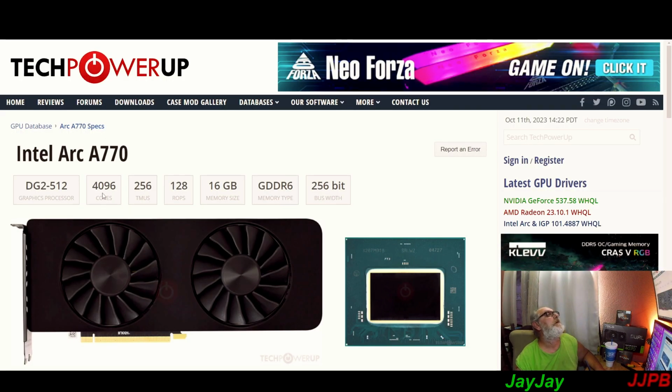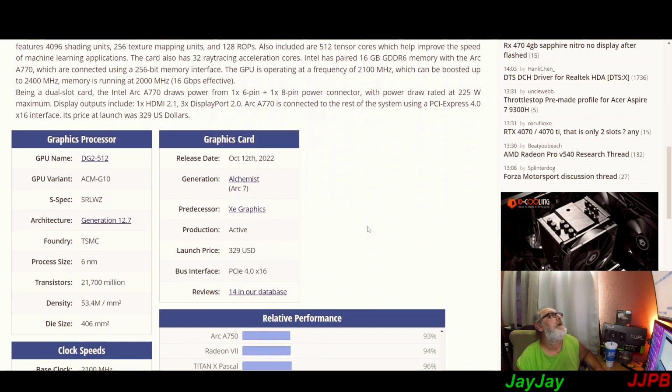Okay, so it's got 4,096 cores, 256 TMUs, 128 ROPs, 16 gigabytes GDDR6, 256-bit bus. Okay, so it's got 21,700 million transistors.